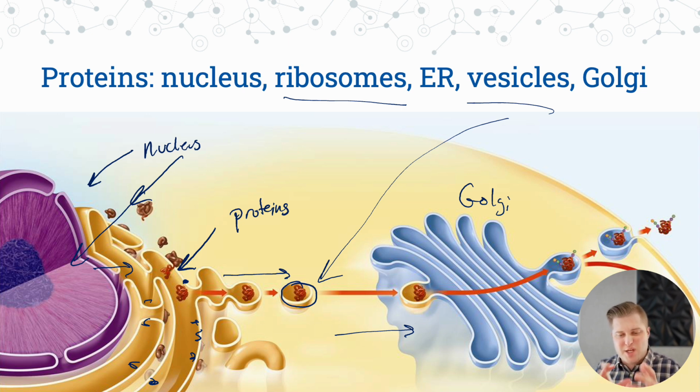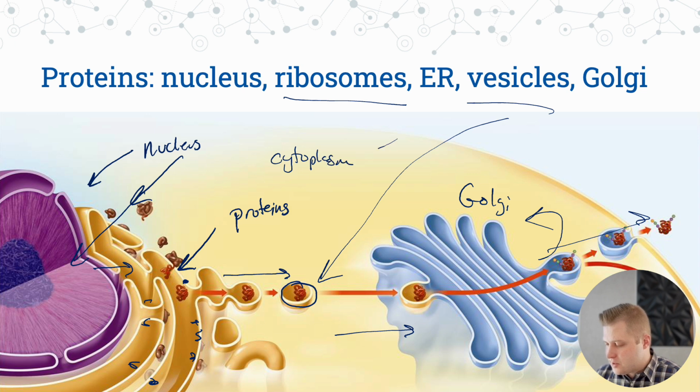Sometimes it changes their shape, it folds them around, and gets them ready to operate. It can send them outside the cell, or it can send them back into the cell, transported through vesicles or directly into the cytoplasm. The cytoplasm is just all this gel, all this space where there's not otherwise organelles inside the cell.